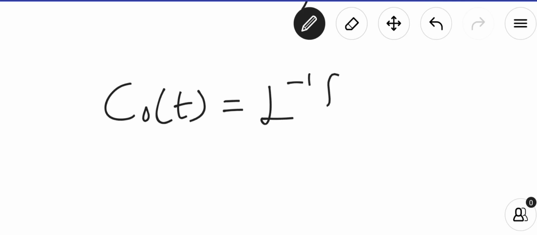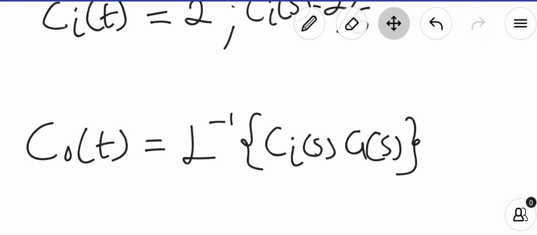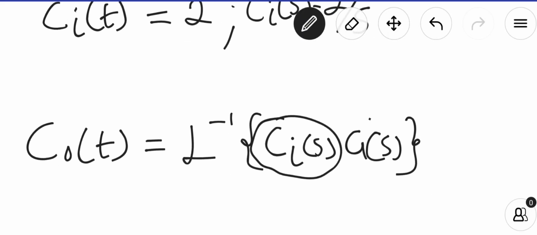From my previous video, to find C naught of t, this will be equal to the inverse Laplace transform of the input times the transfer function. So now we have gotten this value and we have gotten this value.